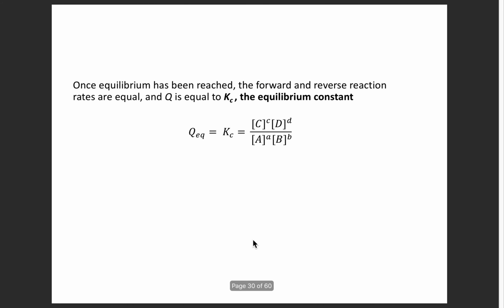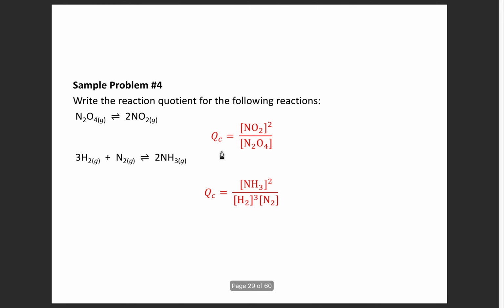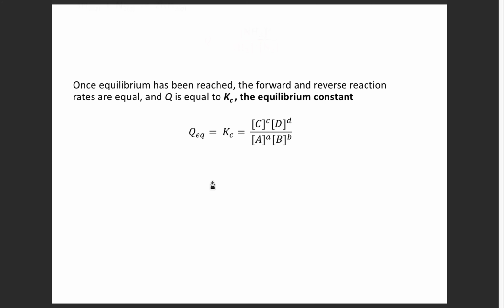Okay, now as mentioned earlier, if we know we're at equilibrium, then we replace Q with K. Now if you notice, we have Qc. C just represents concentration, so I don't want that to trip you up. C means concentration, and therefore Kc means concentration also.